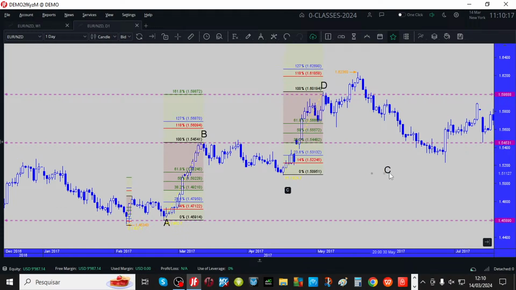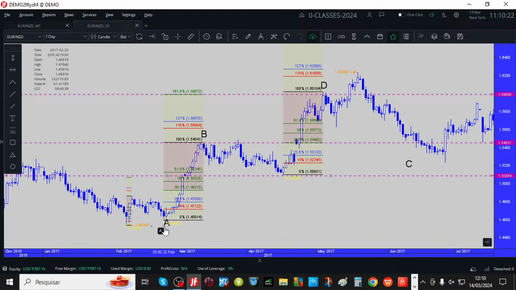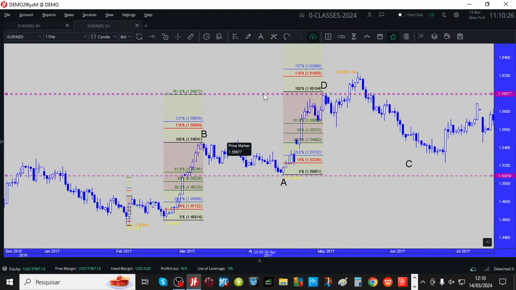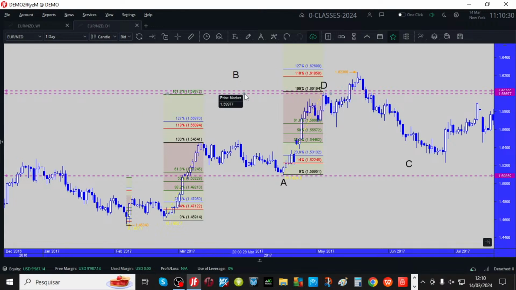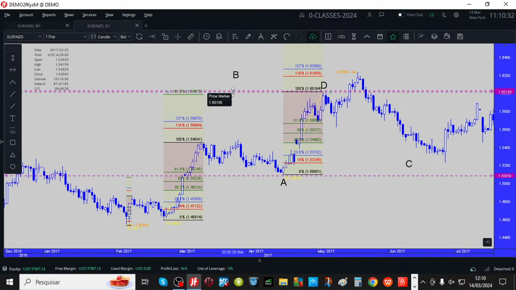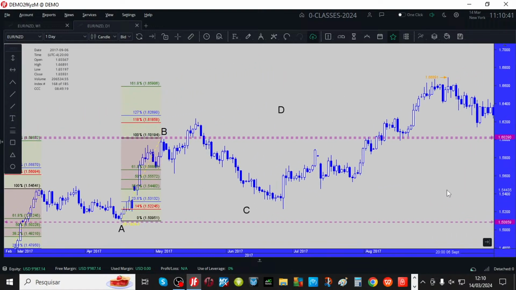As always, A goes to C, and B goes up to D, right? Yeah, it goes on the high, exactly. And B goes on the D. There you go. This is the next Fibonacci sequence.